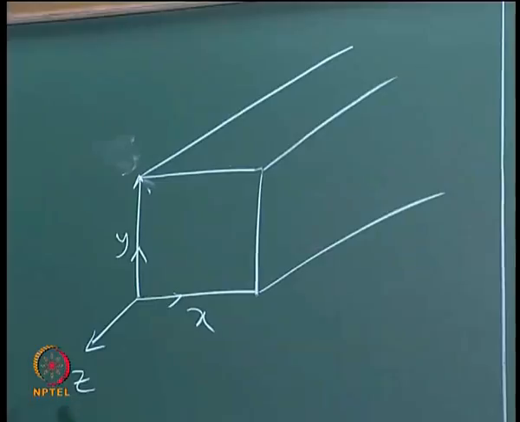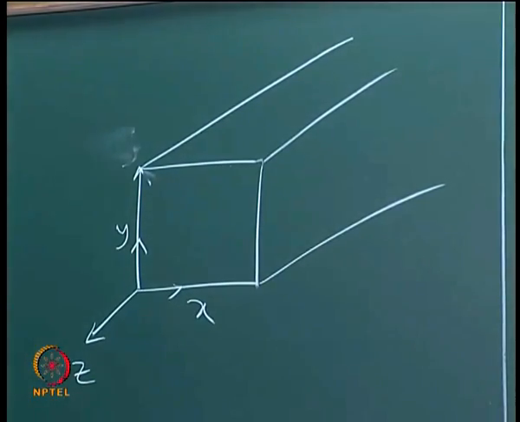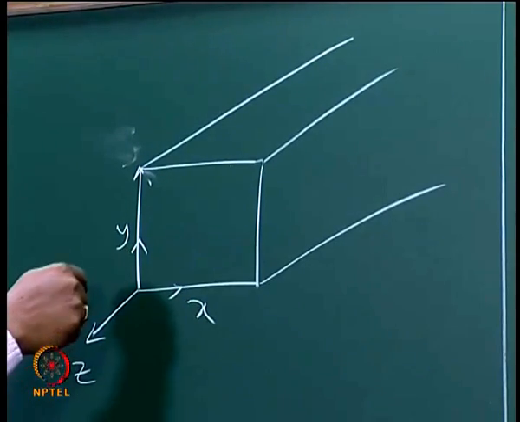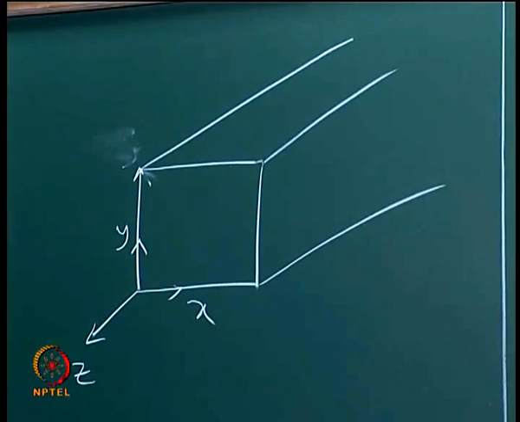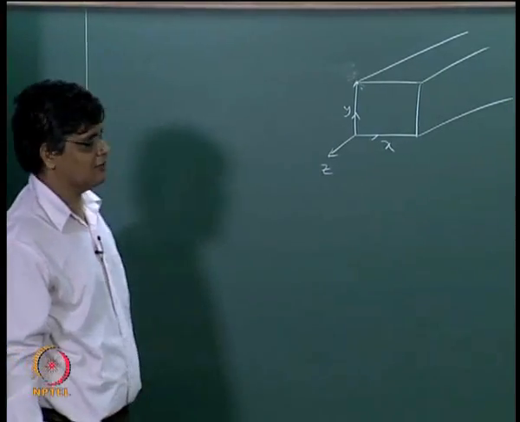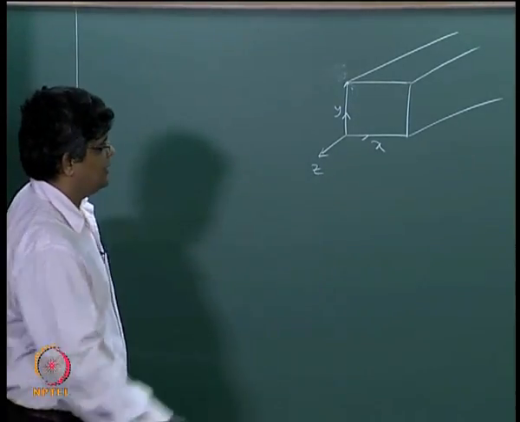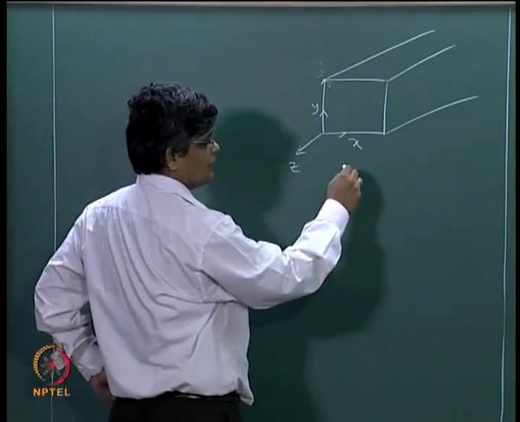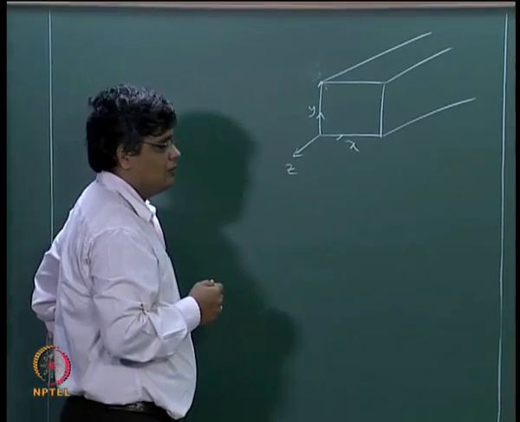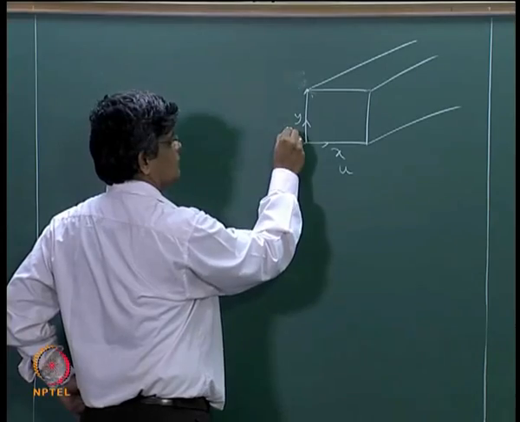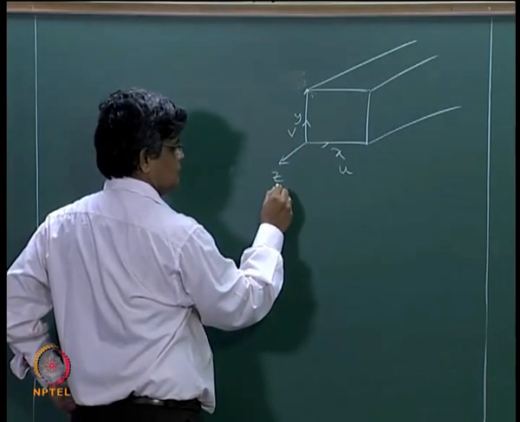We have chosen here a right handed coordinate system such that if you rotate the x axis about the y, the z is in the direction of a right hand threaded screw like this. So this is the notation that we have, and along with this xyz notation we denote the respective velocity components as u, v and w.